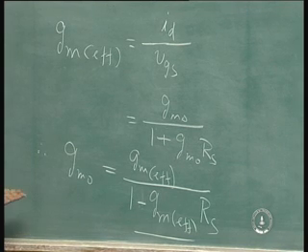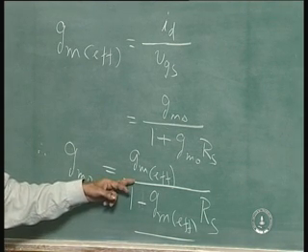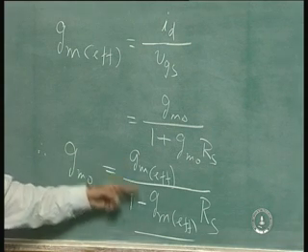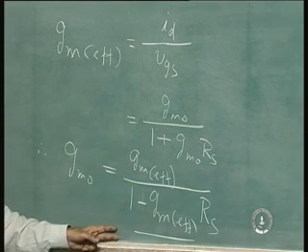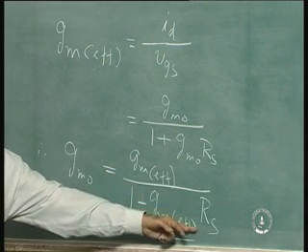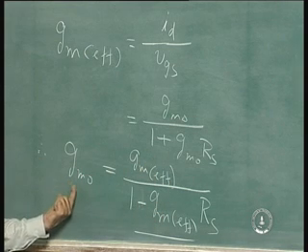I am writing it in this form because GM effective is the one that you measure, delta ID by delta VGS. So, rearranging, you get this equation. Once you know GM effective and RS, which is another quantity you can measure, put together you can get the intrinsic GM.